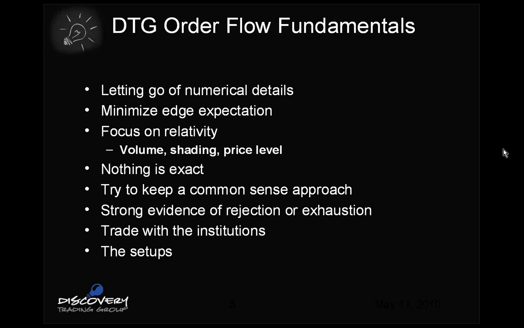Is it relatively bigger? I can't sit here and have a debate with you whether, if you're printing 1,000 on the bid and then all of a sudden you print 220, that's a relatively smaller number. Maybe it's 25, maybe it's 68. It's all going to be within the context of what you're seeing.